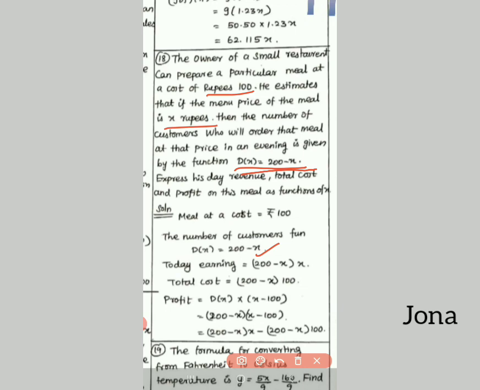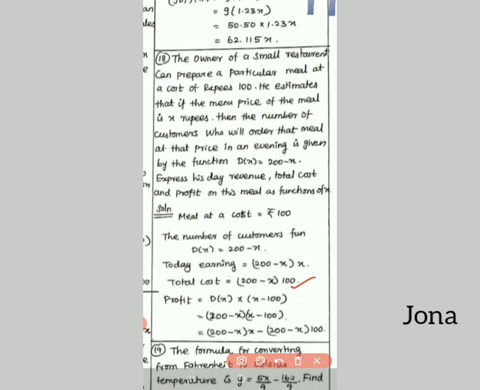So that day's earning is nothing but 200 minus x into x, where x is the price of the meal. So total cost equal to 200 minus x into 100.